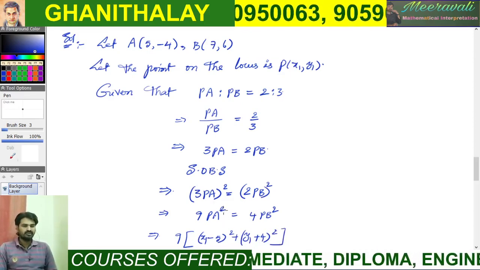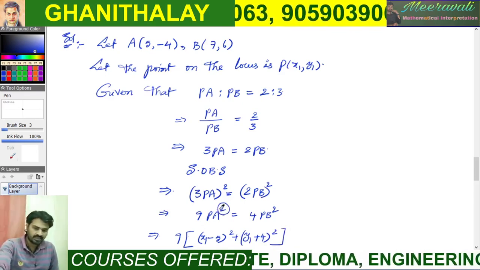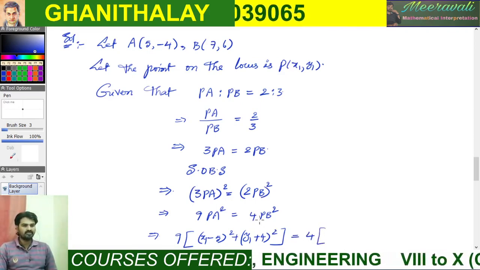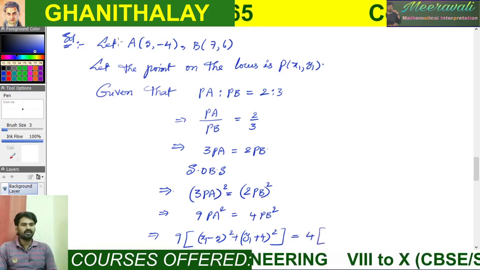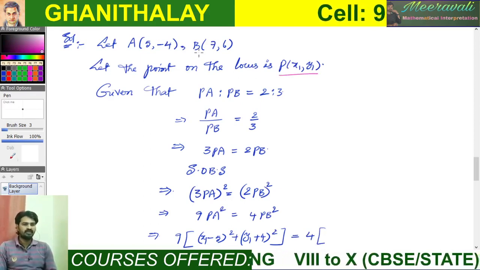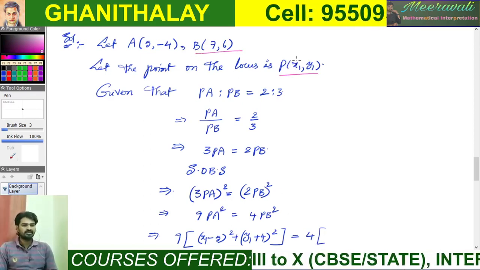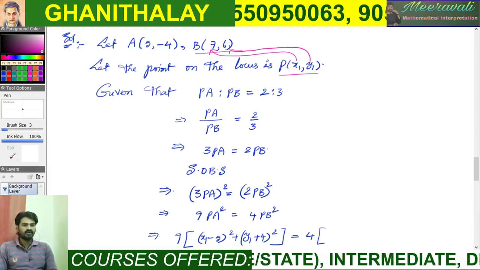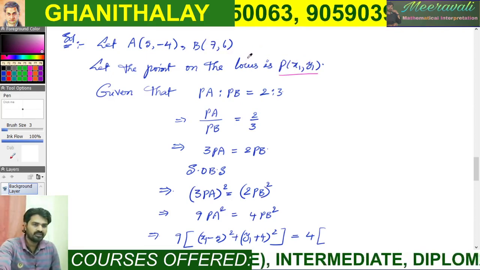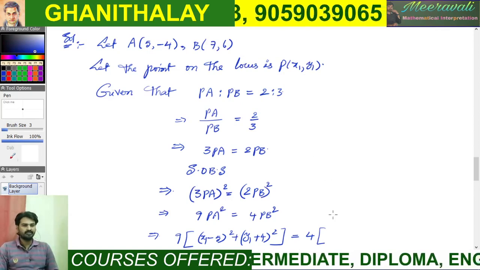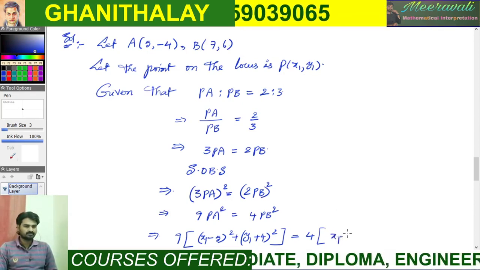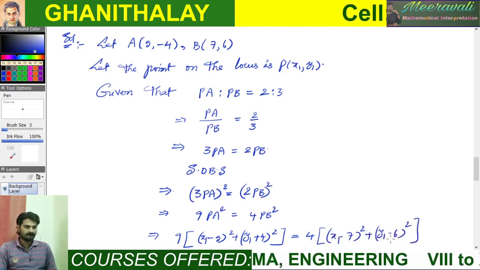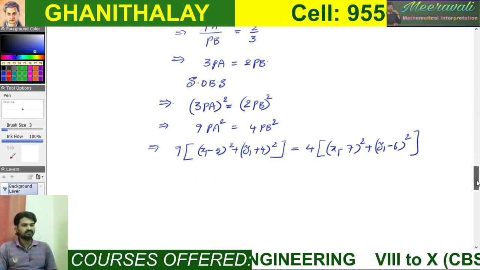No need to write the square root because the square and square root cancel. Next, is equal to 4 into, take the bracket, the PB formula. Here P point is this one and B point is this one. PB means the distance between them: x1 minus 7 and y1 minus 6. You get x1 minus 7 whole square plus y1 minus 6 whole square. Here also no need to write the square root.